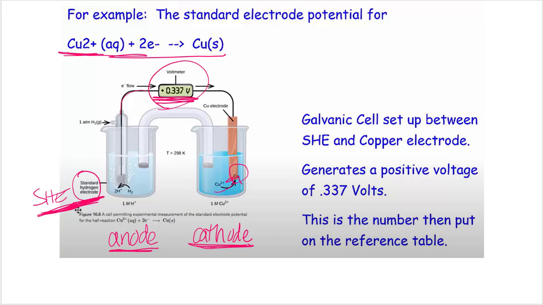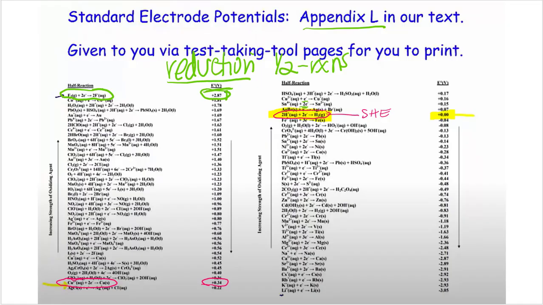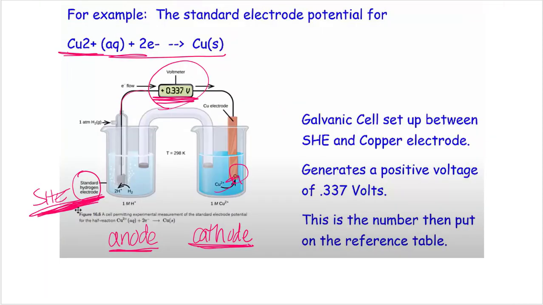So this is something that you or I could do in the lab, and we're going to get that value because we're using the standard hydrogen electrode as our comparison. So again, this is a value compared to our hydrogen over here, something that is constant.